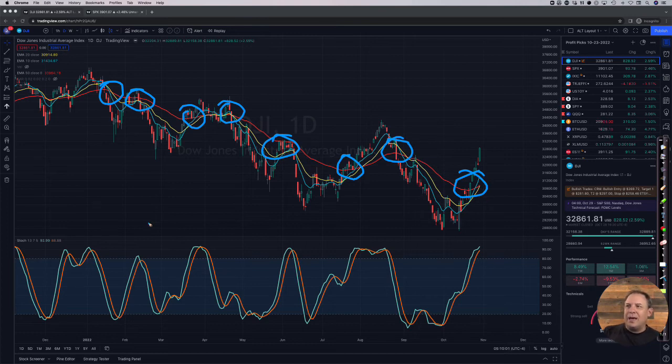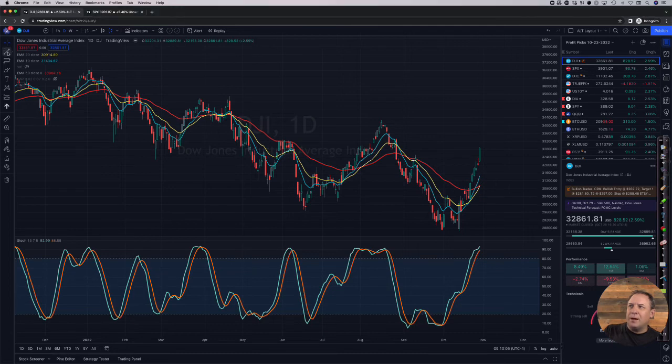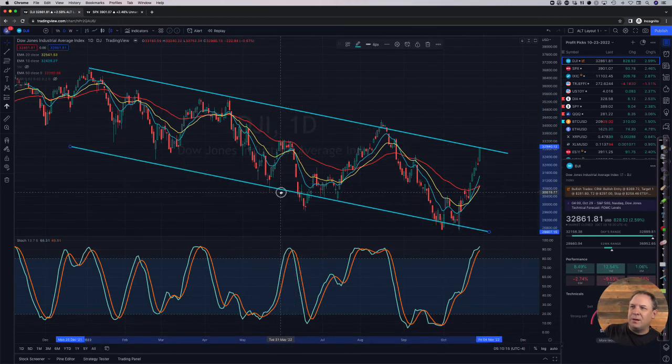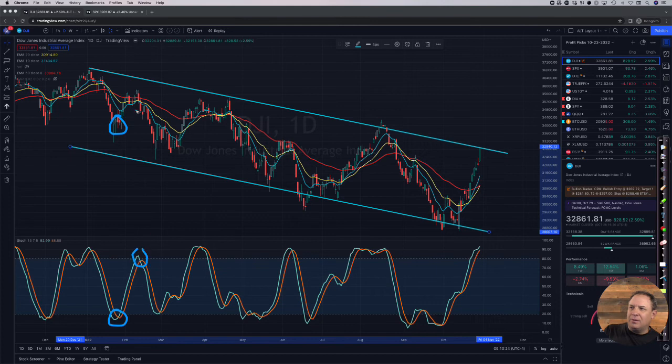Well, instead, let's just look here at what if we put a trend line down through here. Okay, there it is. And what if we duplicate that as a parallel trend line? And there it is. Now that we can really see the pattern, what if we had a buy here and a sell here?